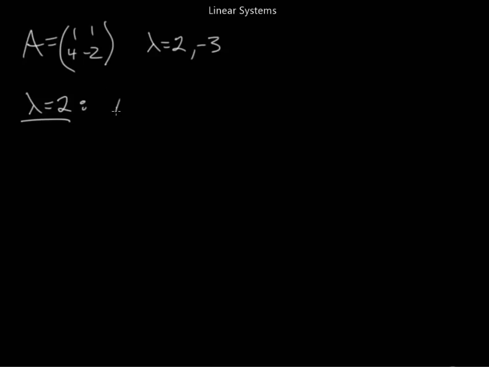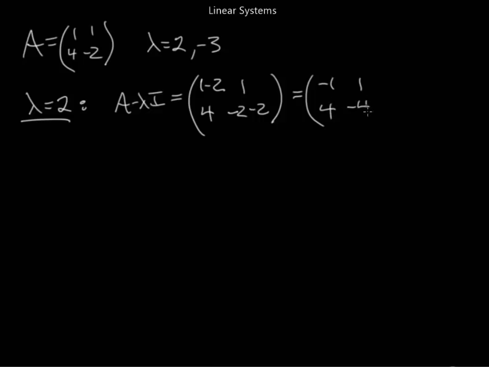That is to say, A minus lambda I is the following matrix: 1 minus 2, 1, 4, minus 2 minus 2, which is minus 1, 1, 4, minus 4. We're doing a sanity check here. The determinant of this matrix should be 0, which indeed it is. If you write down this matrix and you don't get 0, you've made a mistake.